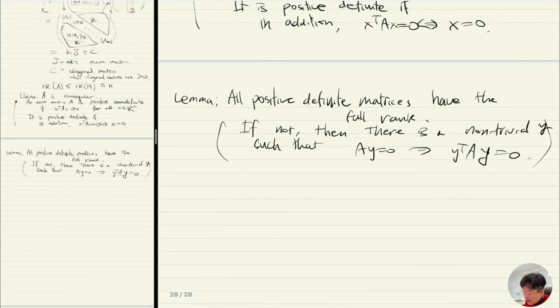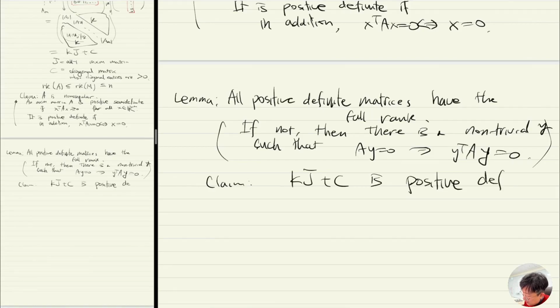Why do I talk about that? Now let's see. So here's a claim: kJ plus C is positive definite. Let's see. Suppose X transpose AX is 0.